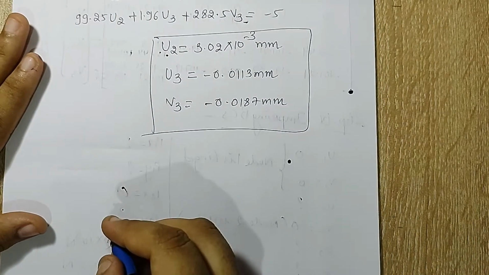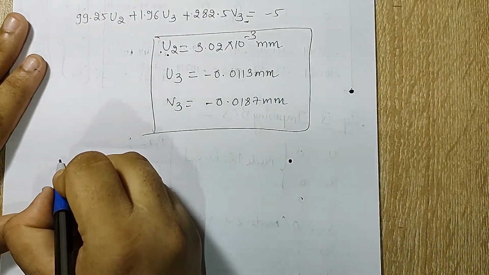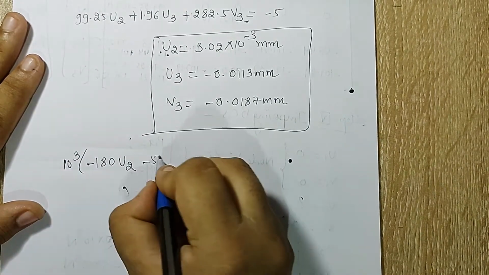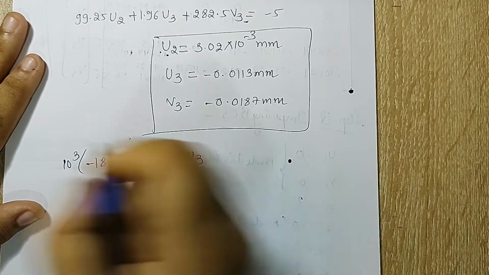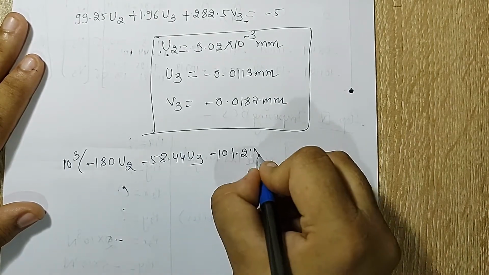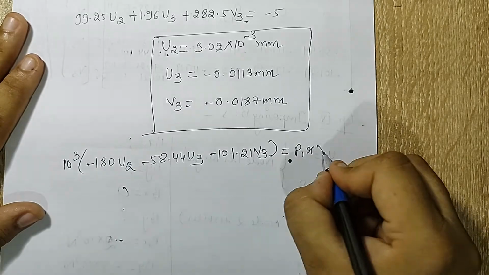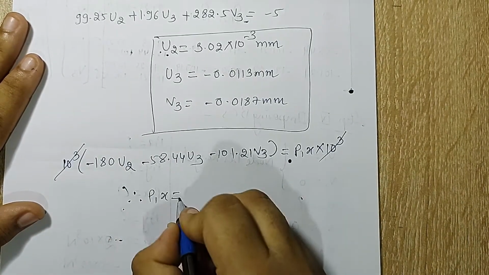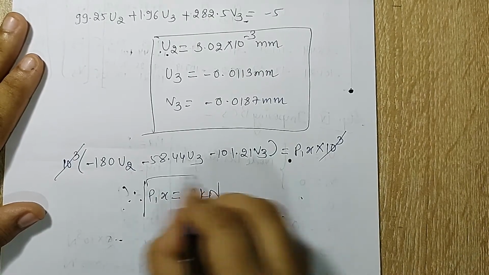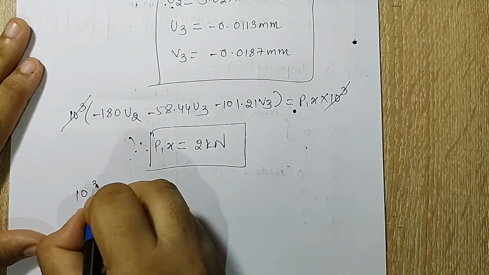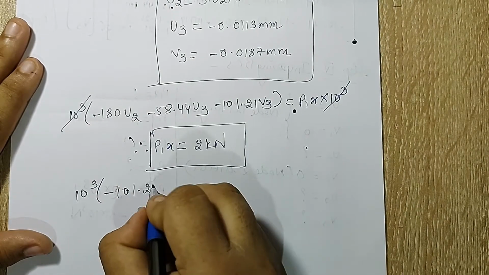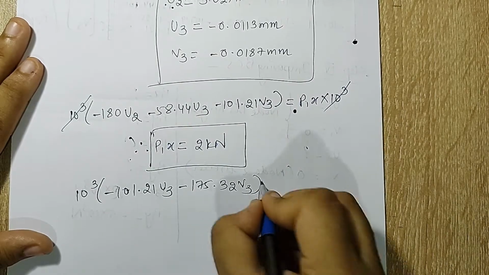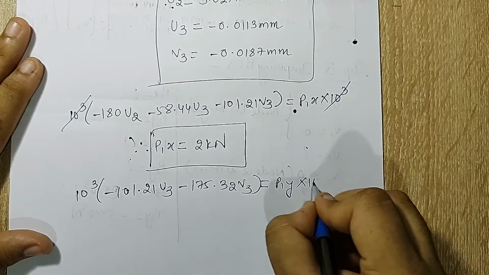Now next I'll write the equations for calculating P1x. So I have a 10 raised to 3 common, minus 180 U minus 58.44 U3 minus 101.21 V3 is equal to P1x into 10 raised to 3. So I get P1x as 2 kilonewton. Next I have minus 101.21 U3 minus 175.32 V3 is equal to P1y into 10 raised to 3.